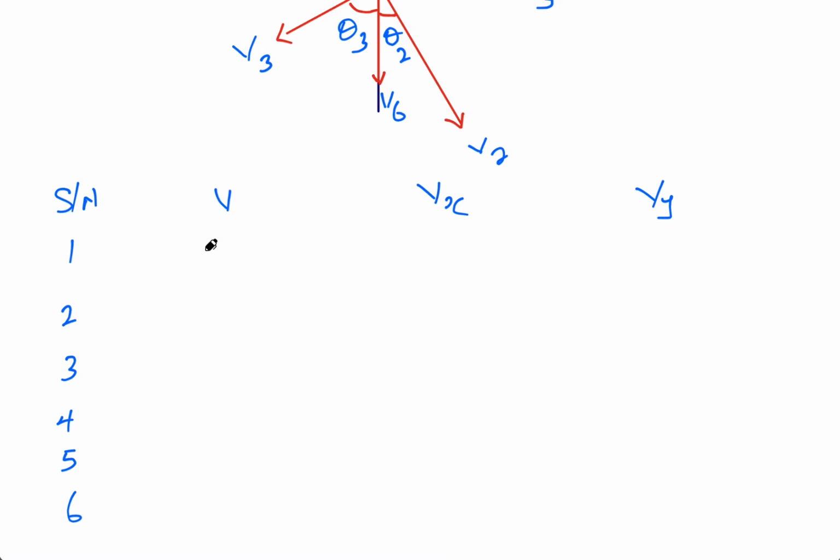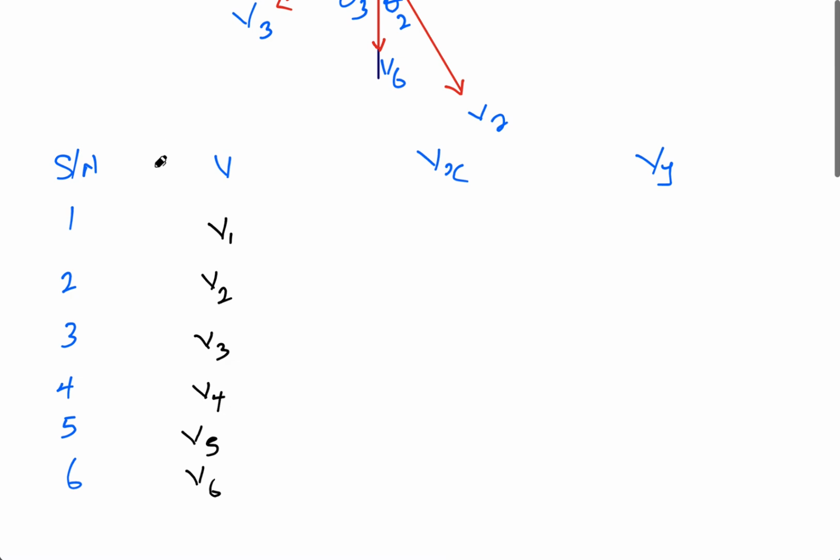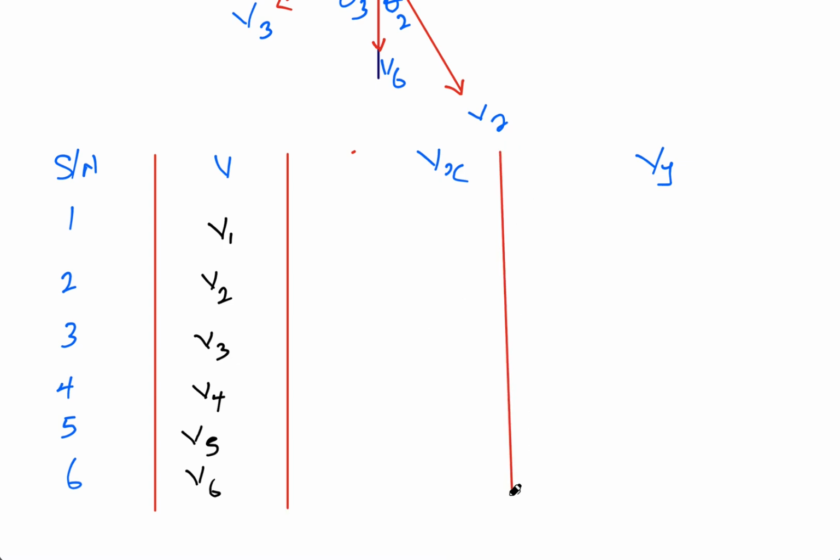Let's label them: vectors v1, v2, v3, v4, v5, onto v6. These are the things we're going to be determining. Let me just partition this now.